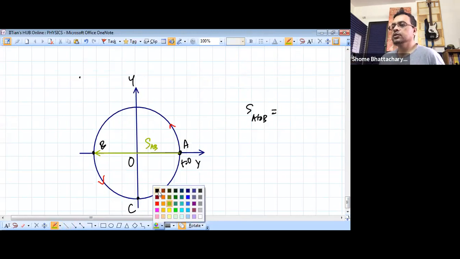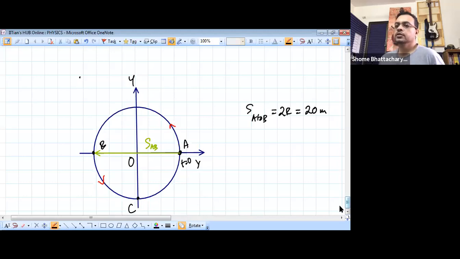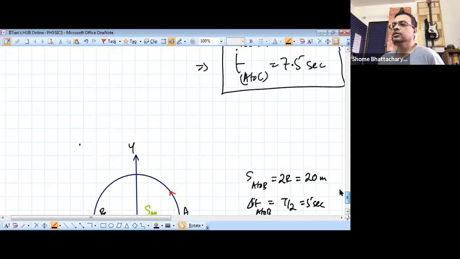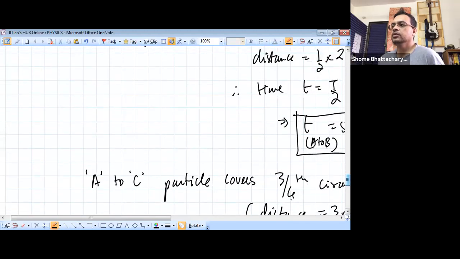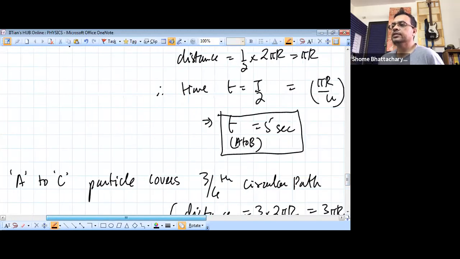So it is equal to twice the radius, or 20 meters, one diameter. And the time taken, that we've seen earlier, was half the time period. It was 5 seconds. Both of these things we have seen. The time taken from A to B was 5 seconds, right?